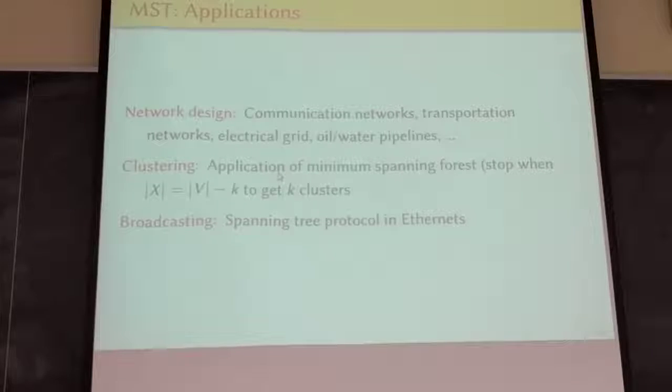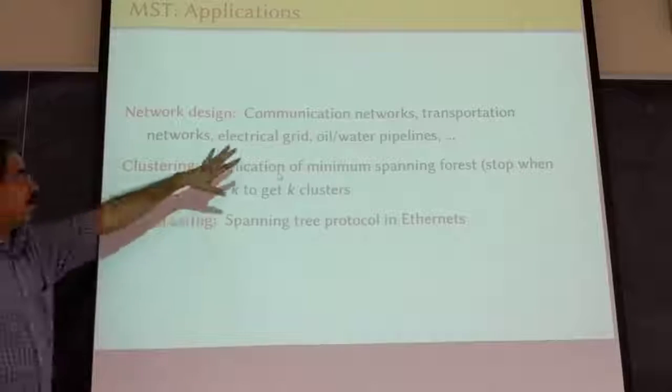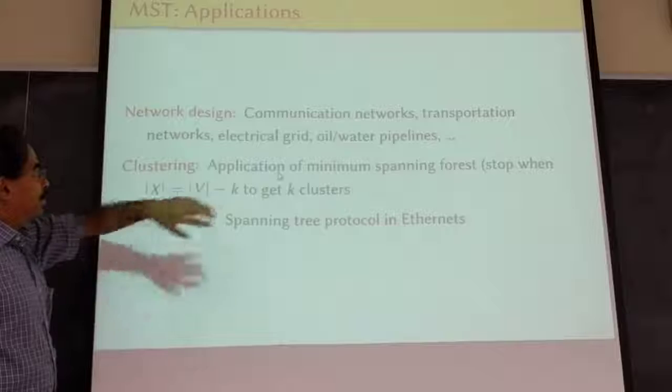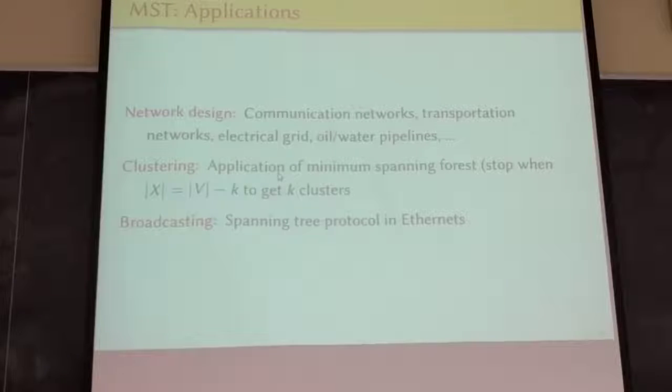So the distance decides the cost: the distance between two points decides the weight of the edge between them, and now you construct the minimum spanning tree. That gives you the lowest cost way to build roads such that you can go from any place to any other place. You can generalize that to communication networks, electrical grids, various types of pipelines, and so on.